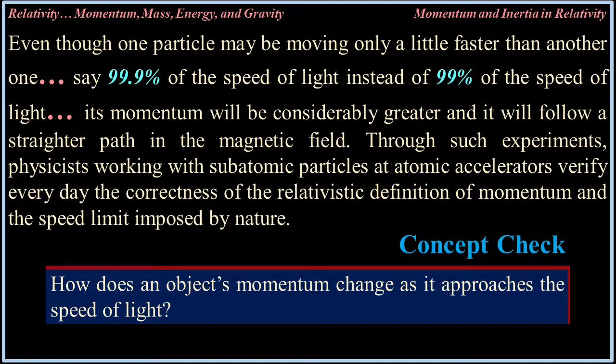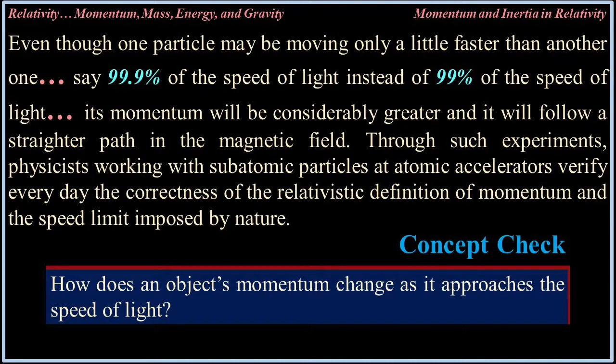Even though one particle may be moving only a little faster than another one, say 99.9% of the speed of light instead of 99% of the speed of light, its momentum will be considerably greater and it will follow a straighter path in the magnetic field.